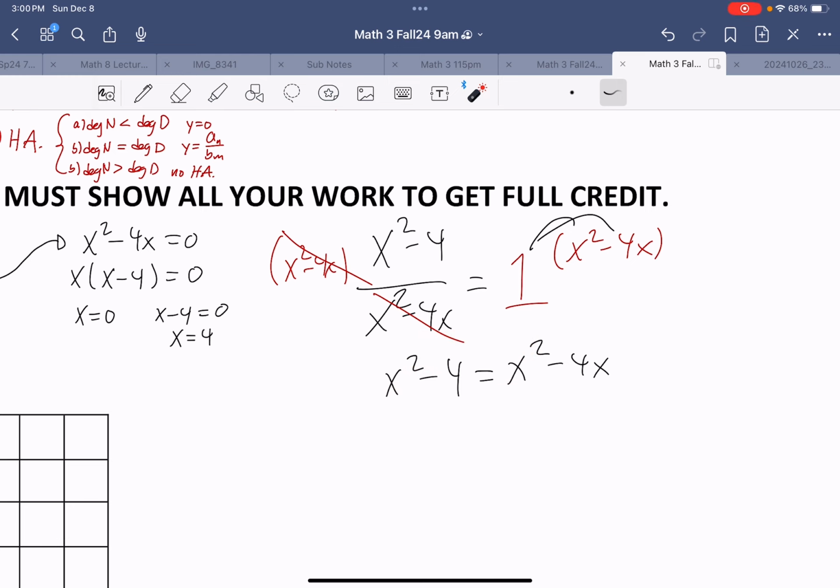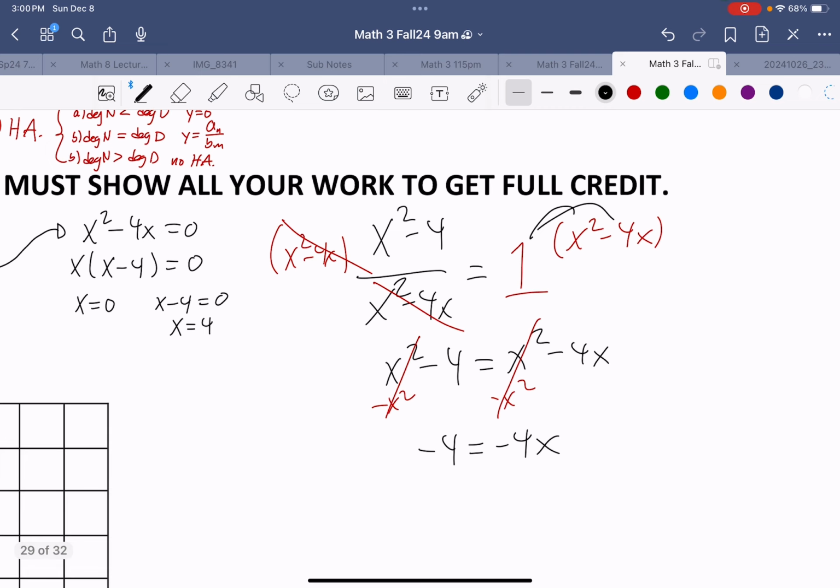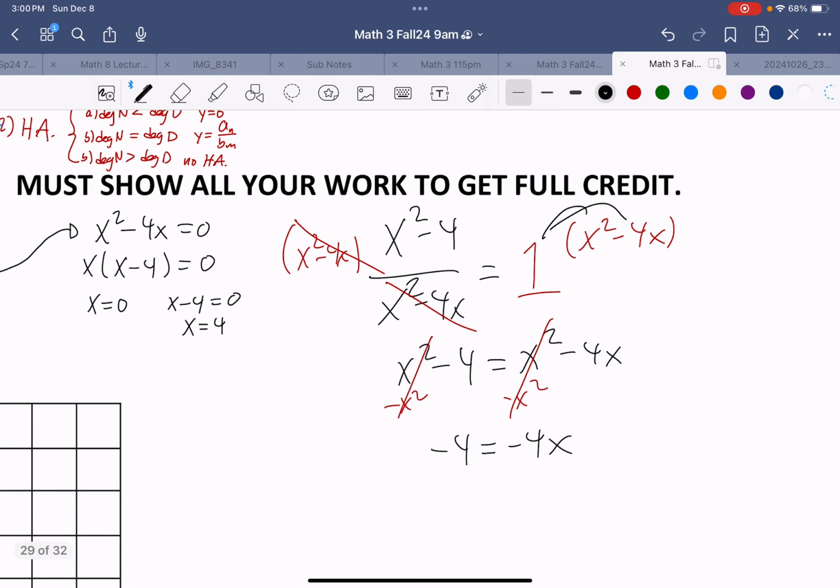But because they're both identical, they are going to cancel out when you subtract them, which leaves you with negative 4 equals negative 4x. We divide both sides by negative 4, and we're left with 1 is equal to x.